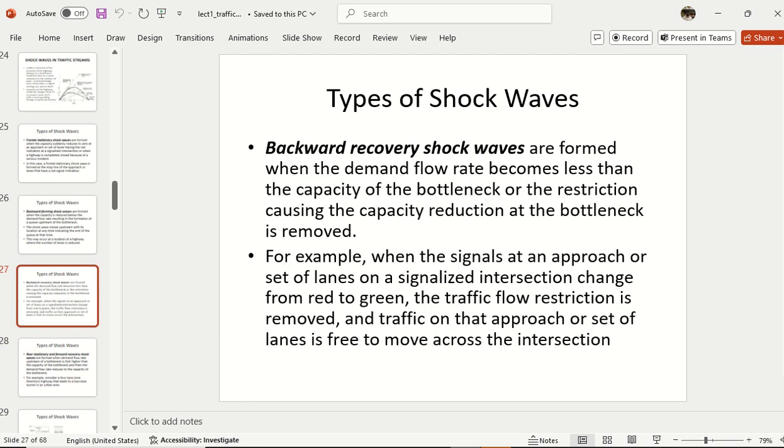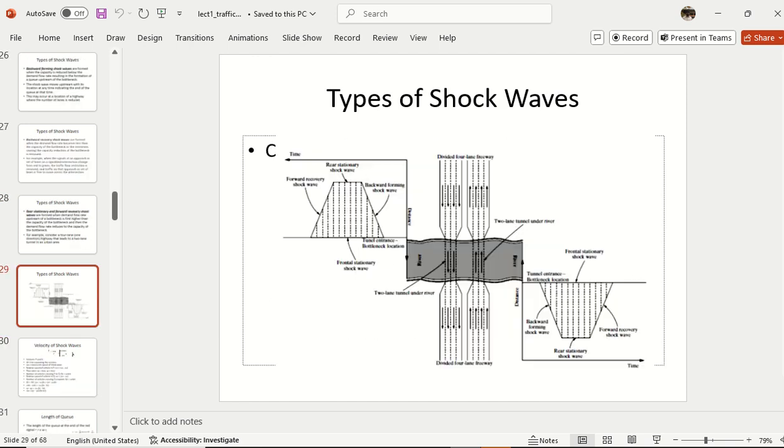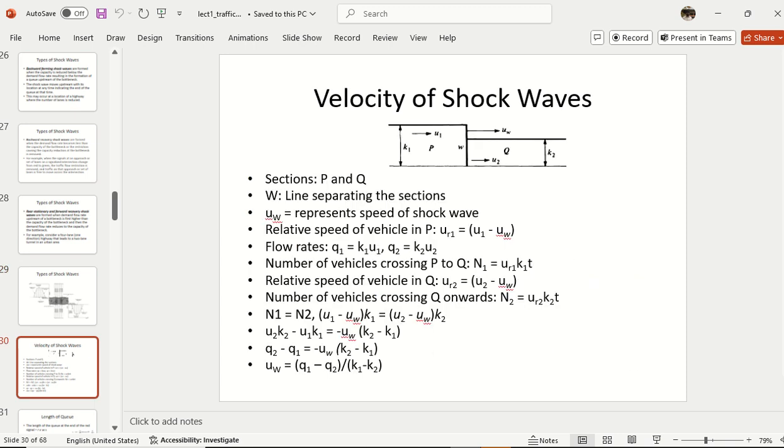Coming back to the topic we were discussing, shock waves. Shock waves happen when there is a sudden change in the capacity, and shock waves can be forward or backward. There was a small problem here in this equation.